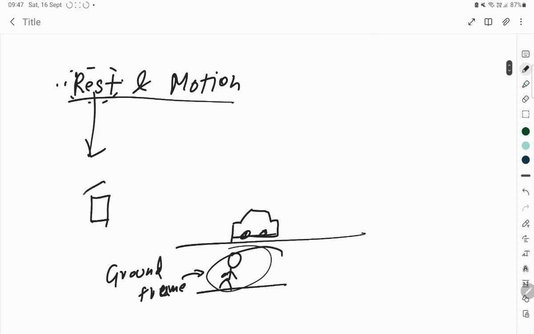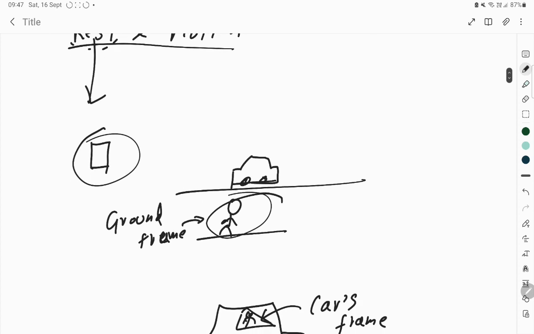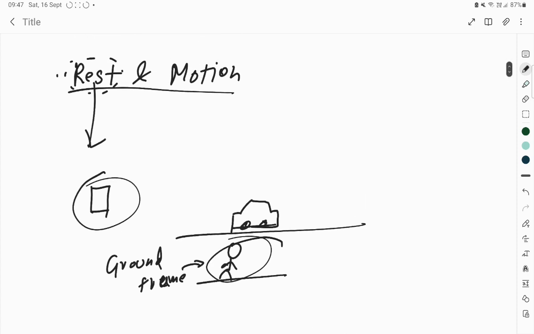So what is rest? Let's come to rest again. When the position of an object does not move with respect to a frame of reference, with respect to a point of view, let's frame it that way, frame of reference equal to point of view.